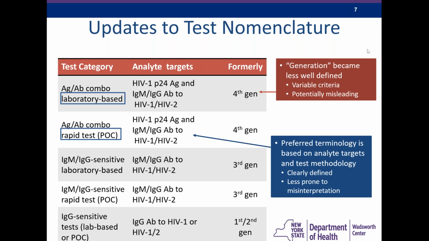And these might include whether it can detect antigen or antibodies to HIV-1 and HIV-2. And I realize that this terminology is a bit more technical than the generation terminology, but it really is much less prone to misinterpretation. Especially when we discuss things like the performance characteristics of the test and when we discuss things like window period.